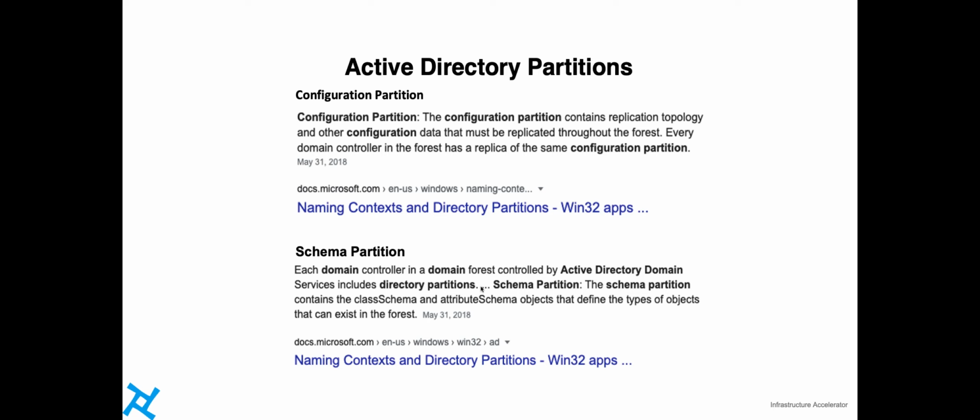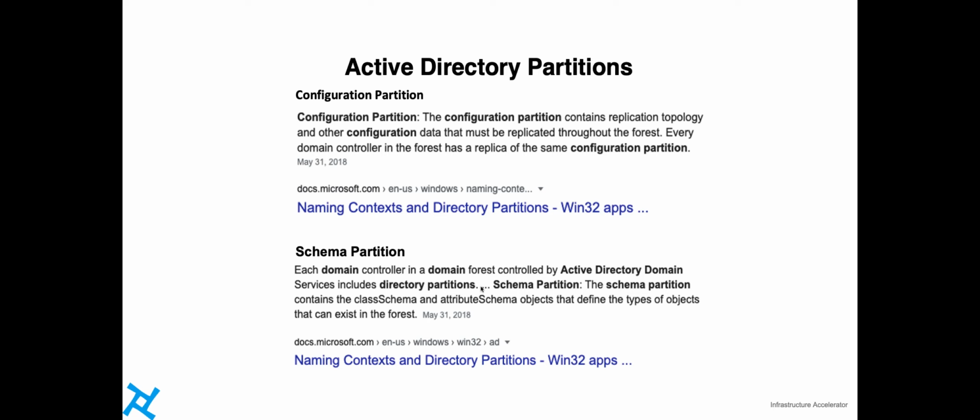So the configuration partition, as the name suggests, is mostly the configuration which is common forest-wide. This partition is replicated to all the triangles inside that circle which we call the forest. So all the sister domains and all the parent-child domains inside one big circle, one big forest, are going to share the same configuration partition.